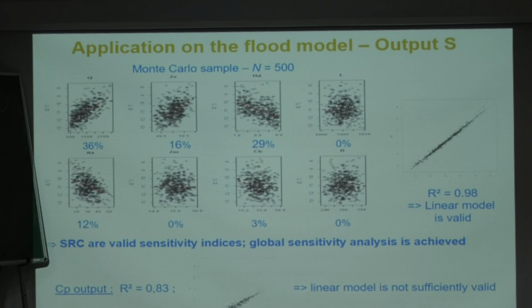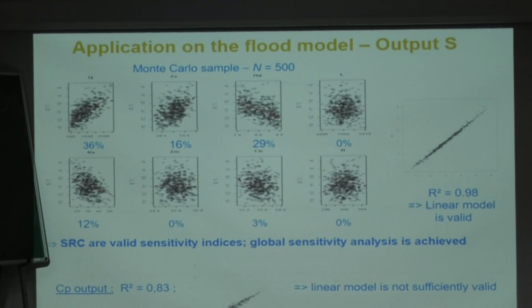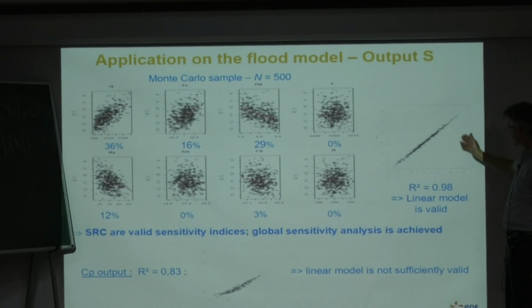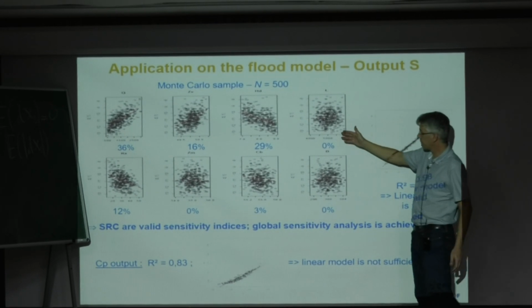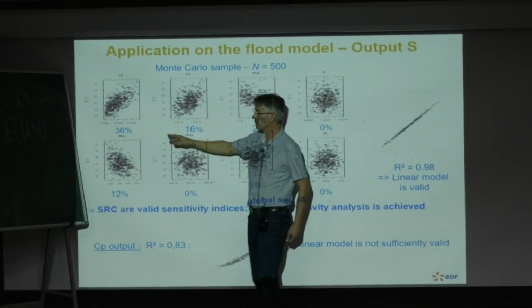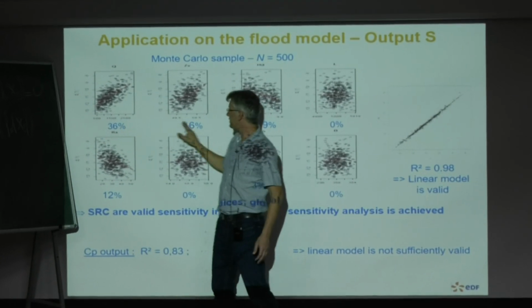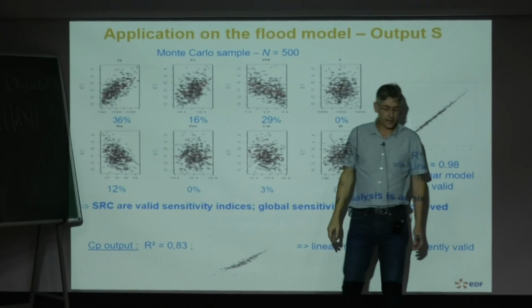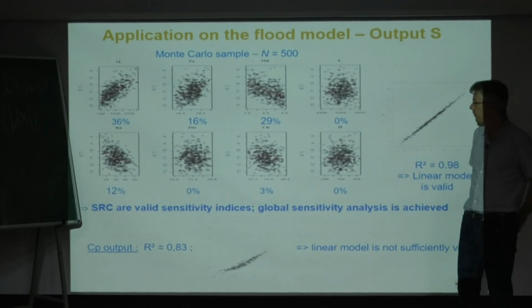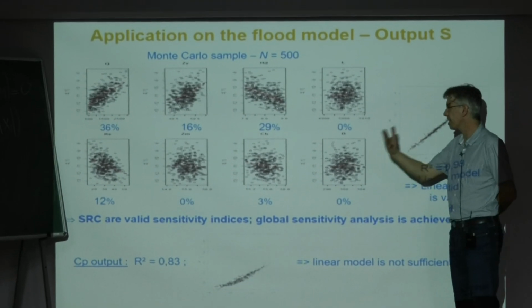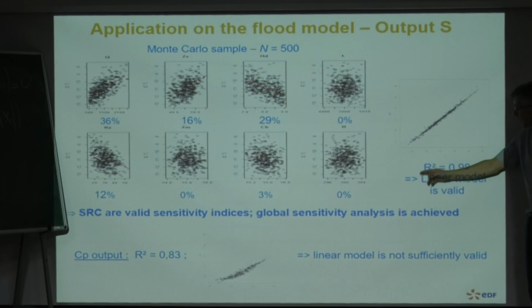So on my example, I have made these things, and I obtain so this is not the rank, this is just the standard regression coefficients. I obtain these values that I can interpret in terms of percentage of explanation of variance.